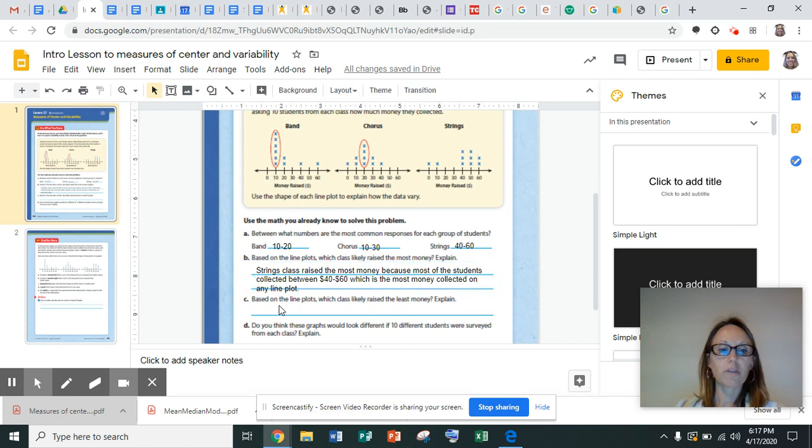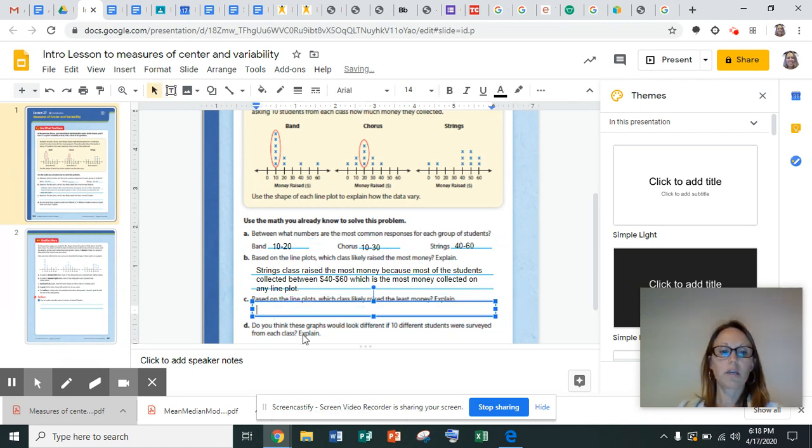All right, now the next one says, based on the line plots, which class likely raised the least money? Okay, so now we're going to put another text box and we're going to explain here.